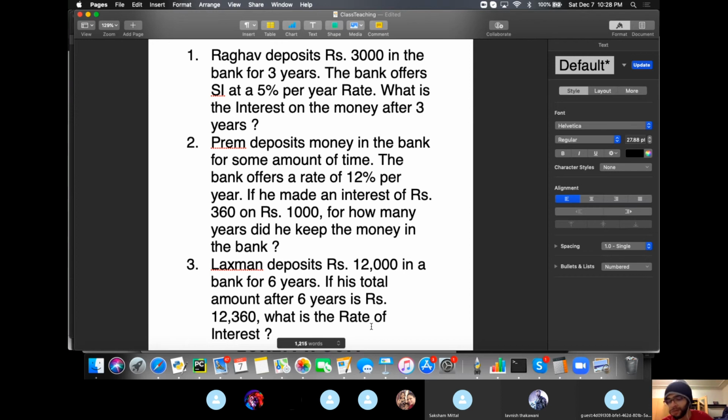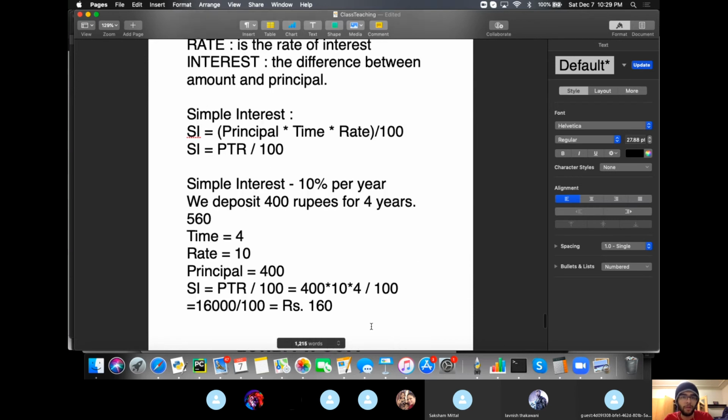Yeah, rate of interest can come in decimals. Formula, you can look at the pictures. You have taken pictures, right? You can just look at the chat, or I can scroll up, but then, okay.